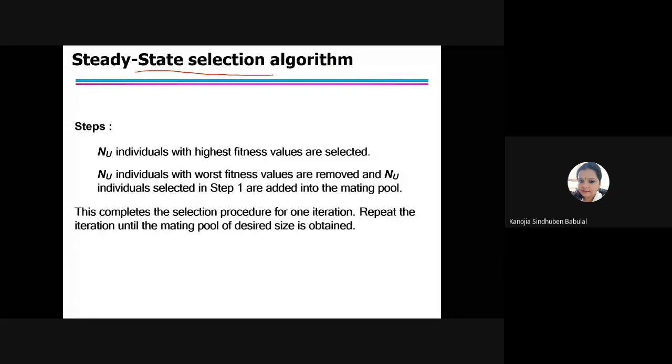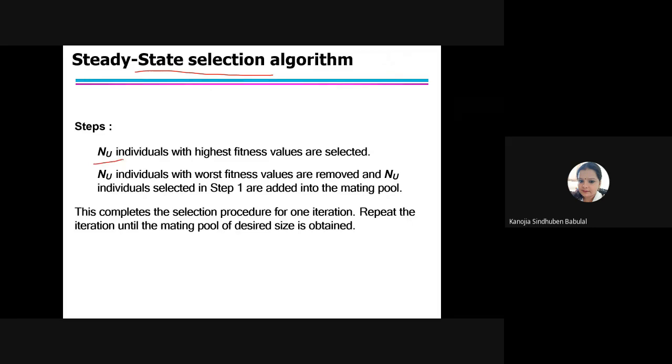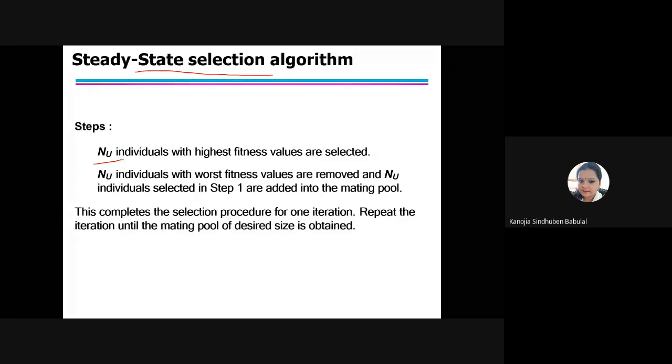Like tournament selection, it also uses a parameter called NU. NU is the number of individuals that can be selected from the population, and the NU individuals with the highest fitness score would be selected.